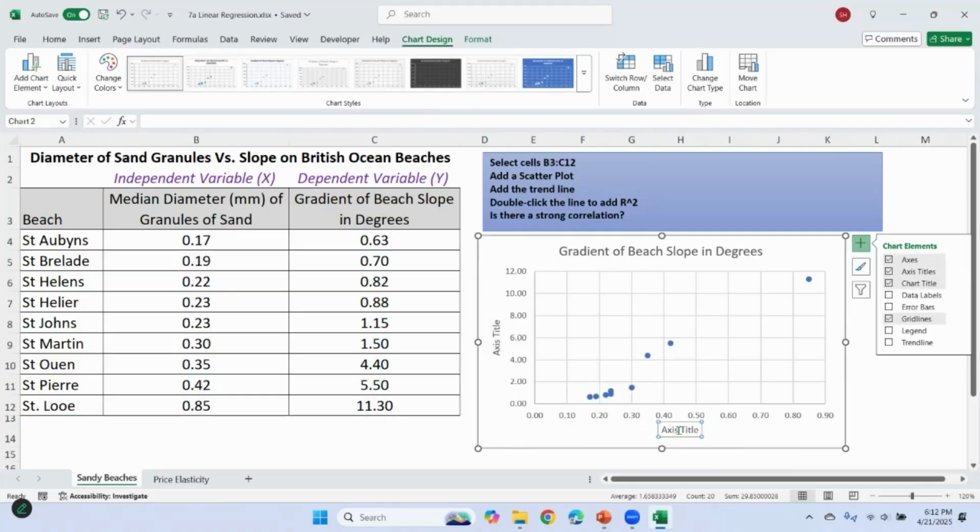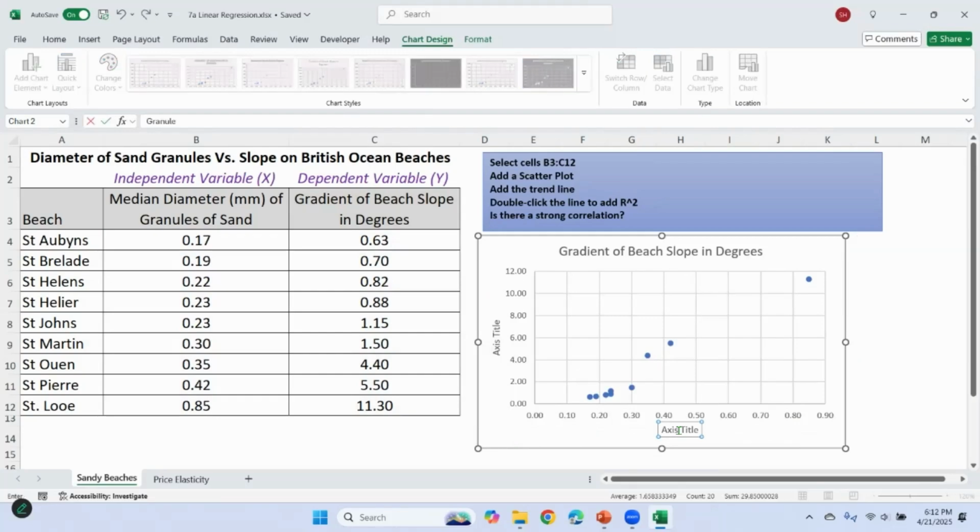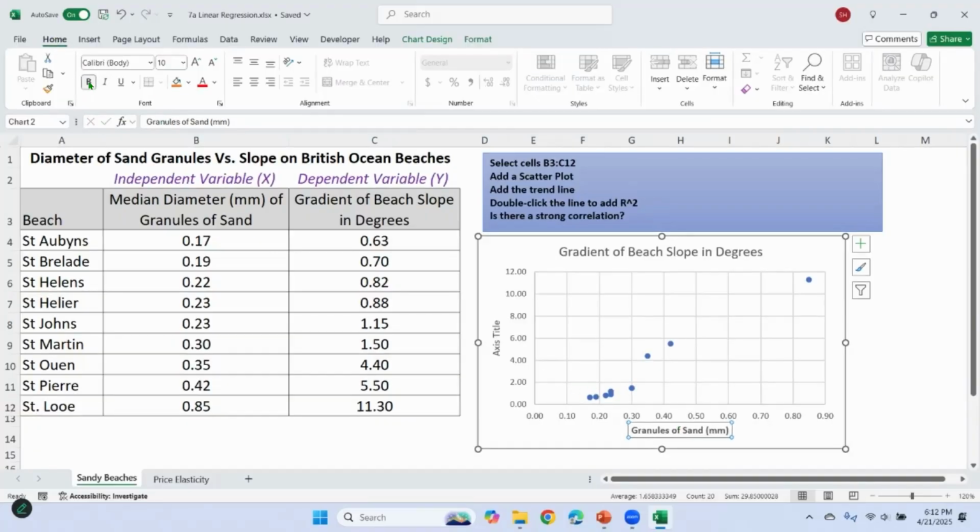What is the independent variable here? The granules of sand, that is measured in millimeter. I will just type mm. Enter. Maybe I can make that bold.